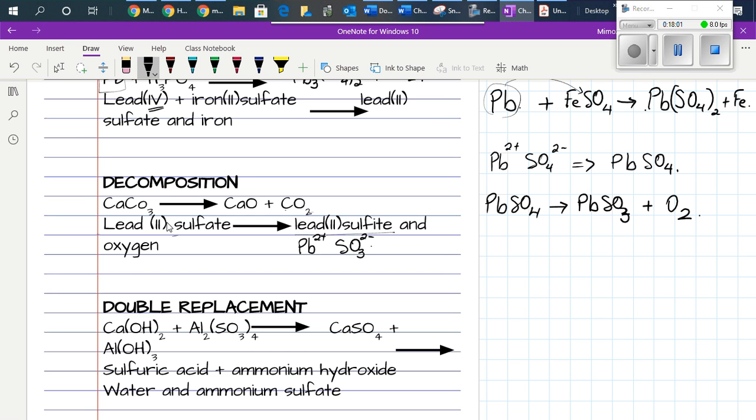Remember, oxygen is one of those compounds that doesn't stand on its own. So hydrogen is H2, oxygen is O2, and you have the table from the previous lesson to memorize or to have in your data booklet.